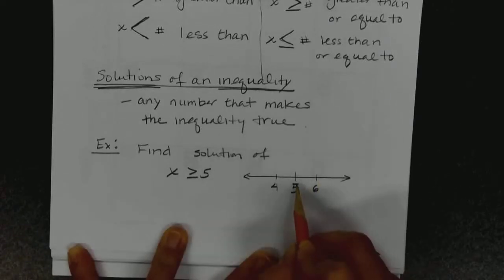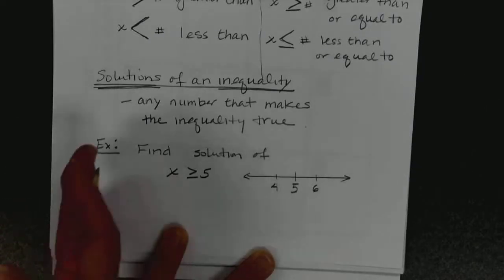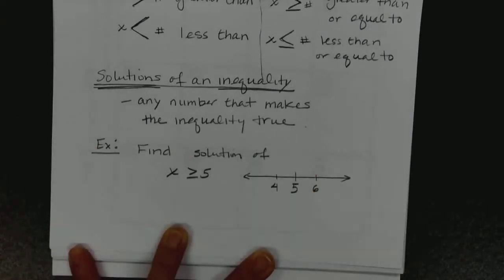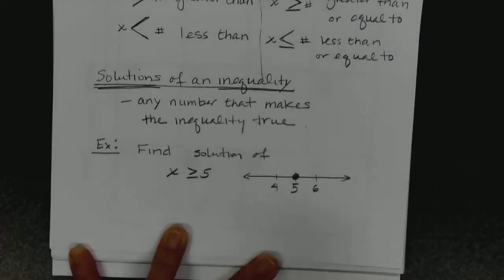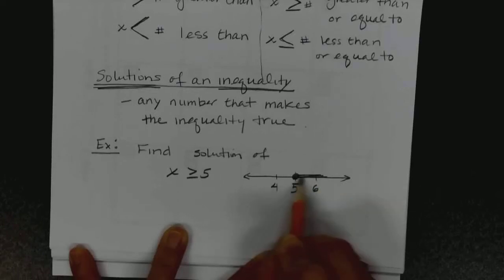Well, because of this line, it's going to include 5, right? X could be 5, because it says or equal to. So what I'm going to do is put a closed circle to include 5. And then which side of the 5 is greater than 5? To the right. Okay.